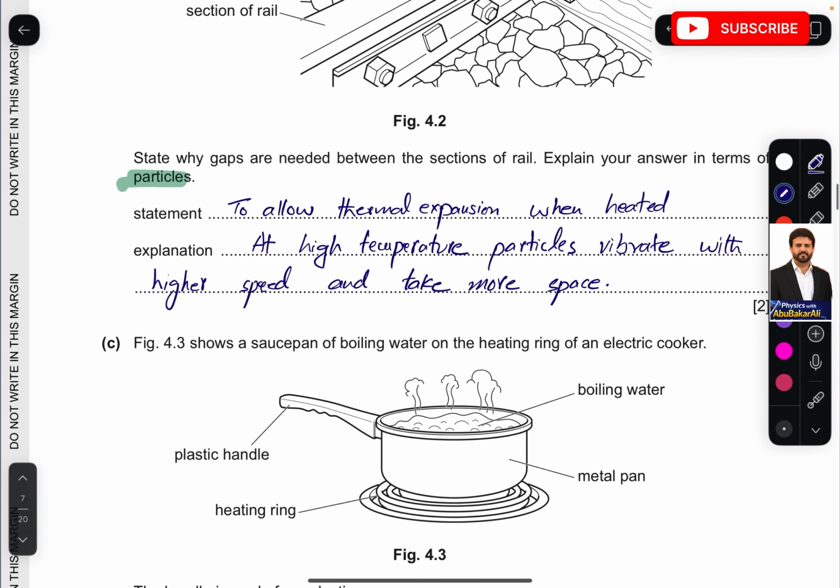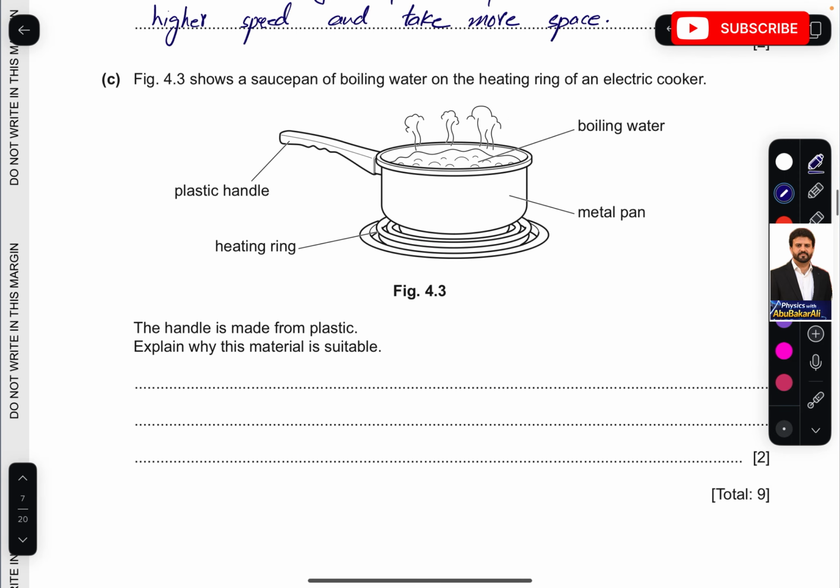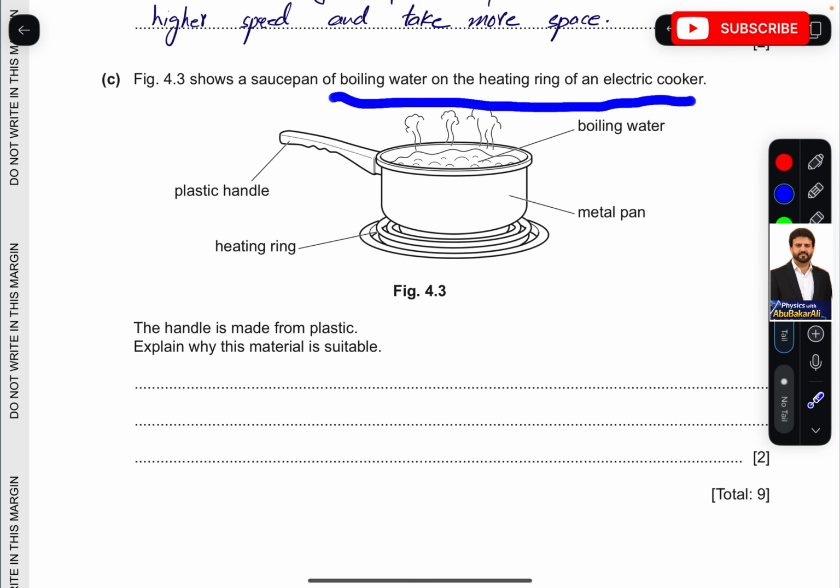Okay, let's move forward. Part C shows a saucepan of boiling water on the heating ring of an electric cooker. The handle is made from plastic. Explain why this material is suitable. Okay, why do you use plastic? Because plastic is a good insulator.